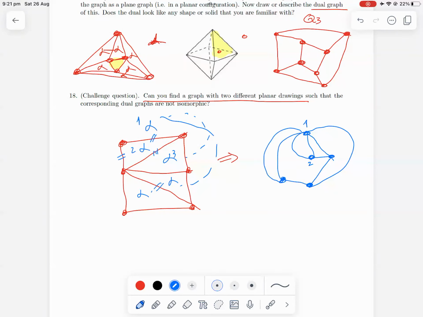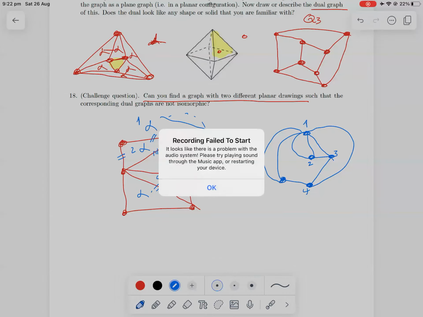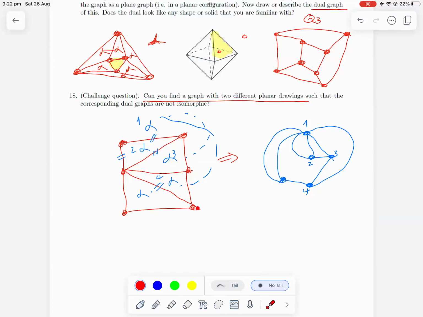Then 3 here. Then 4 here. So 4 has 2, like for this one is like another edge between 1 and 4. All right.